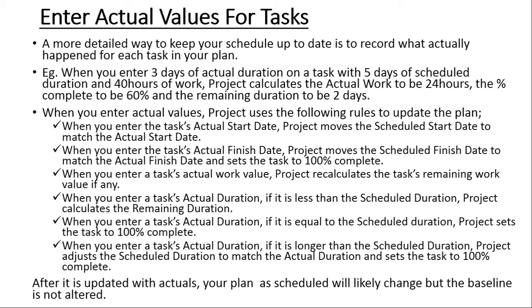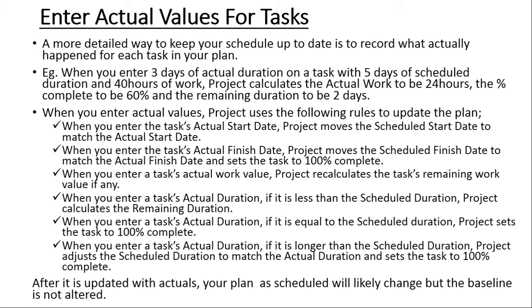MS Project will now calculate the actual work to be 24 hours. Why? Because 3 days times 8 hours per day will give you the 24 hours. And the percentage complete, it will be calculated as 60%, which is the 3 days divided by the 5 days.